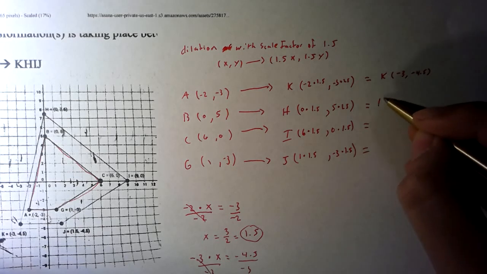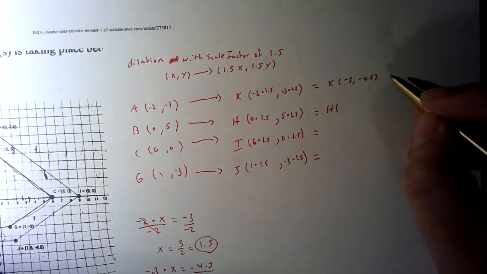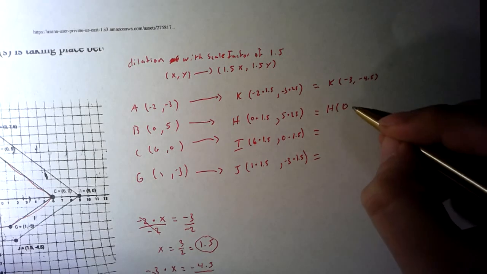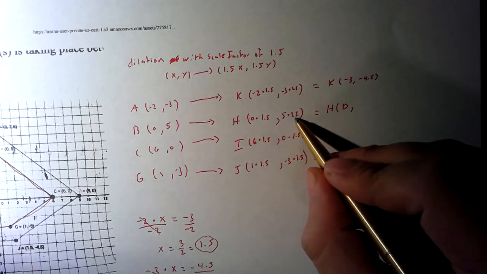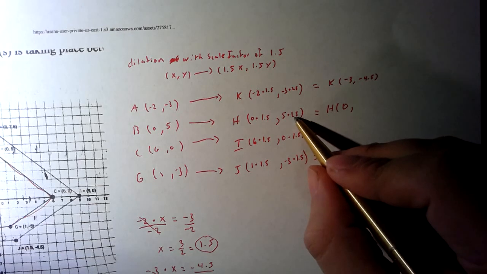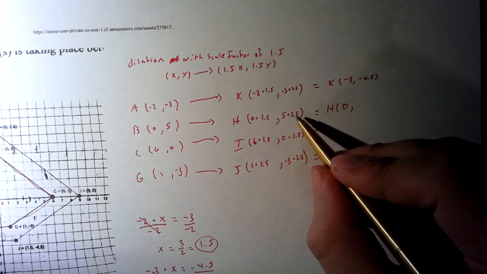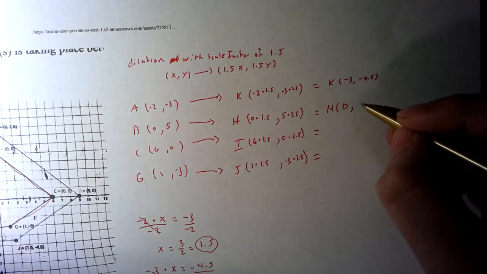And then I'm going to put a little equals just to write the final result here. So that's 0. And then the second one here is going to be 7.5.